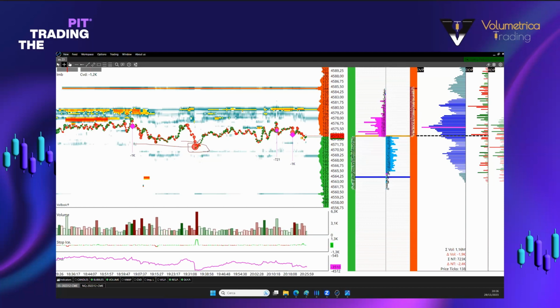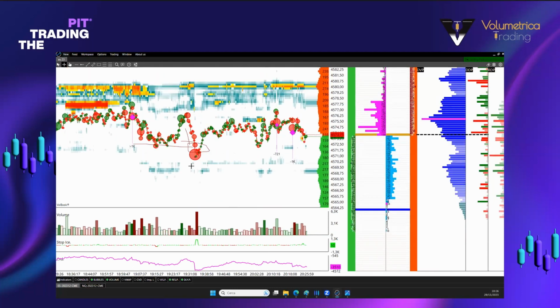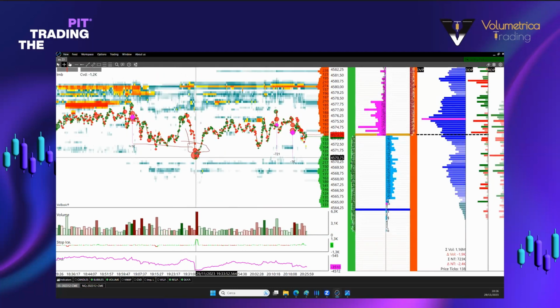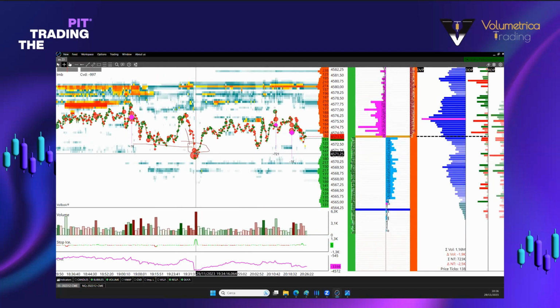Or even better, liquidity wasn't there as price approached the area, it just increased as price was trading the level. That's the reason why we don't see, in most of the cases, liquidity bands.